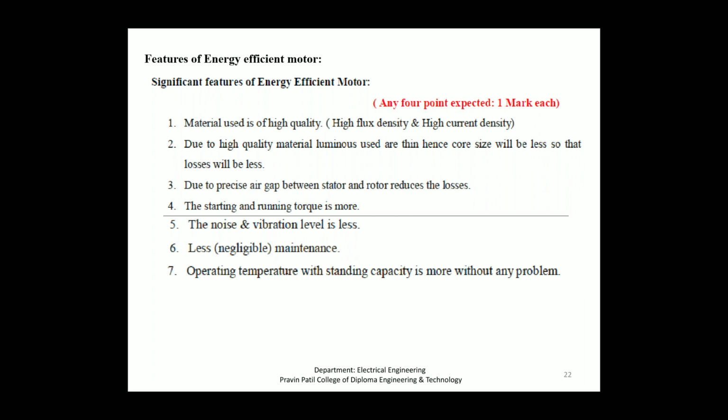It cannot flow from stator to rotor directly. Hence, if the air gap between stator and rotor is minimum, then the flux is directly transferred from stator to rotor. The starting and running torque is more.